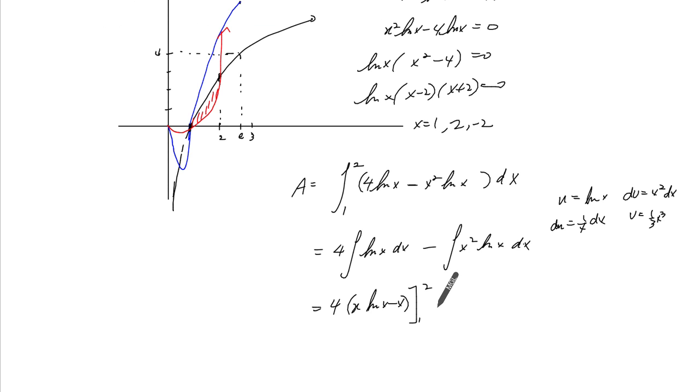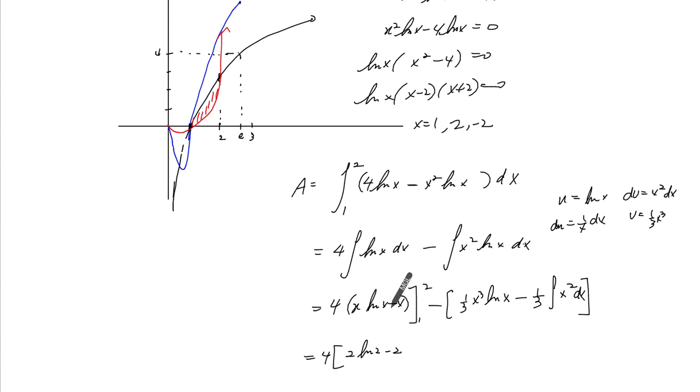So you get 1/3 x cubed ln of x minus 1/3 integral of x squared. Plug in 2: 2 ln of 2 minus 2.